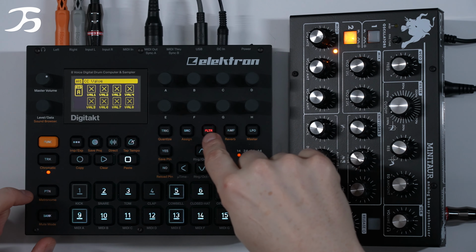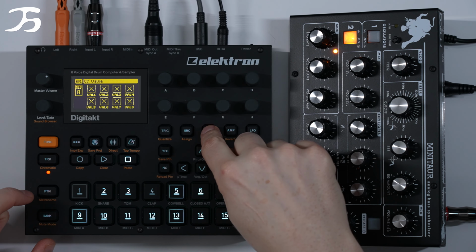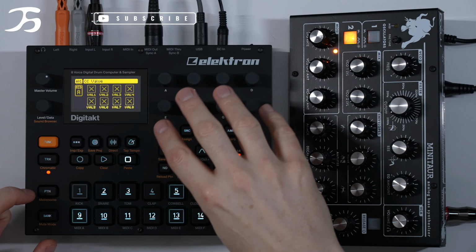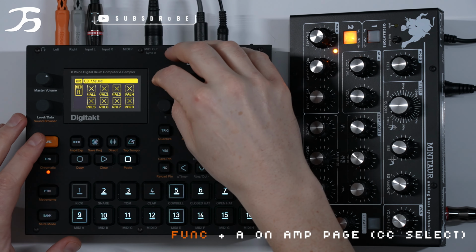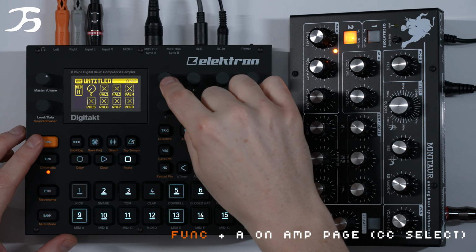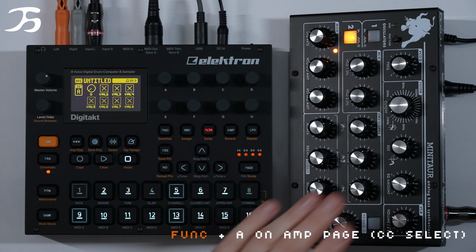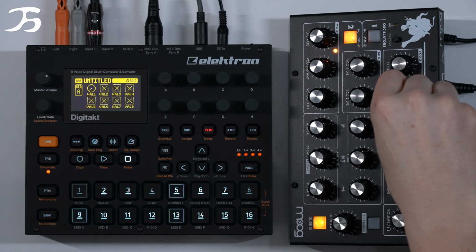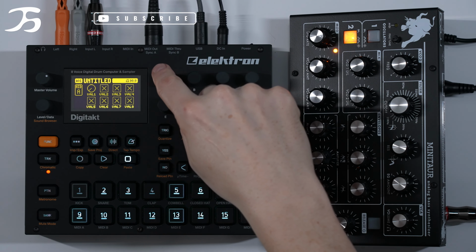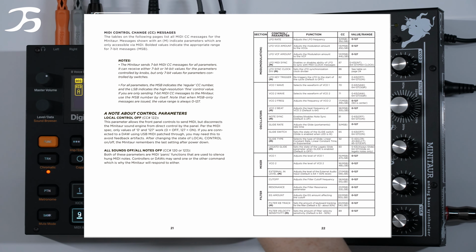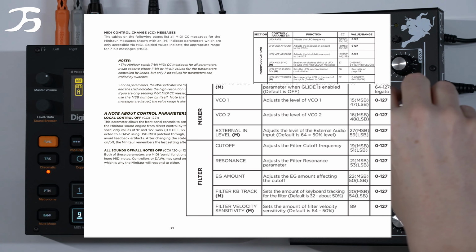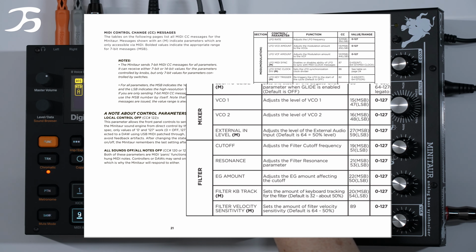If we move on to the next page, which is the CC value, this is in correlation with this page. So the CC value on this top left hand corner, say for example this one, if we activate it by pressing the function and that button, and we have a look inside the manual of the Minotaur and say we want to control the cutoff via this macro, what we have to do is set it the value of what the cutoff is. So in this occasion, the Minotaur's frequency value is 19.